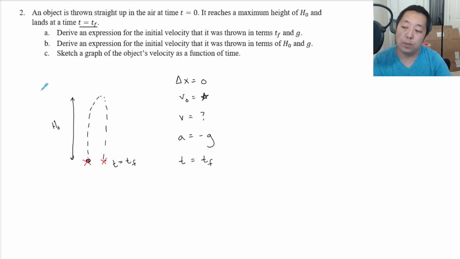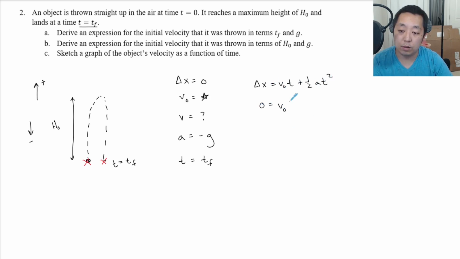Right? Because if I say up is positive and down is negative, then the acceleration is downward, negative g. So then, I want to find v0, so we would look at this equation: delta x equals v0 t plus 1/2 a t squared. So we'd say 0 is equal to v0 tf minus 1/2 g tf squared.